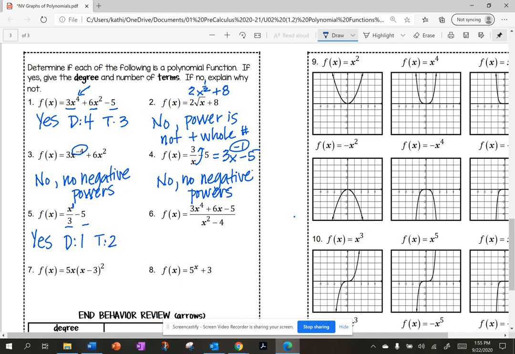Okay, number 6, f of x equals 3x to the 4th plus 6x minus 5, divided by the quantity x squared minus 4. A polynomial does not have a denominator, so no, because this is a rational function, not a polynomial. That'll be our next unit.